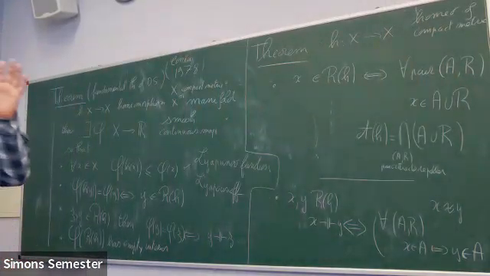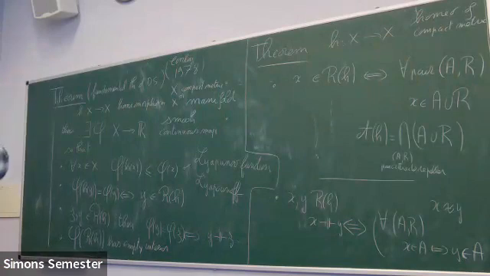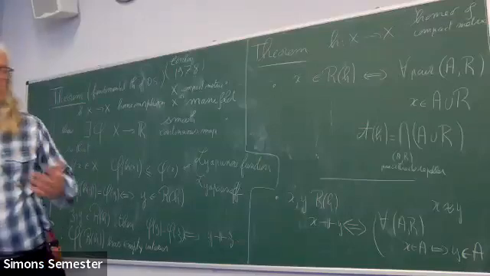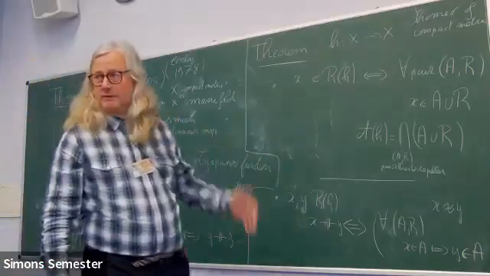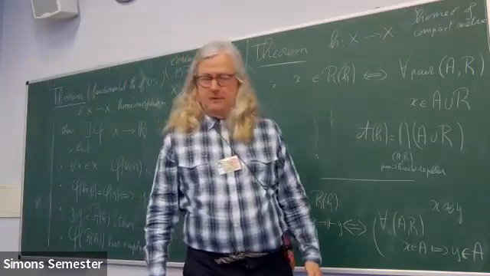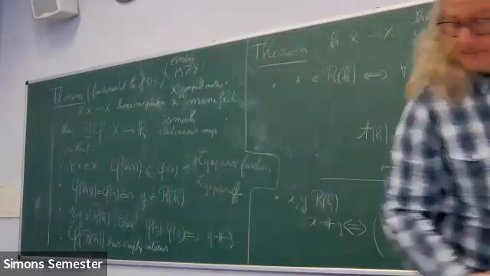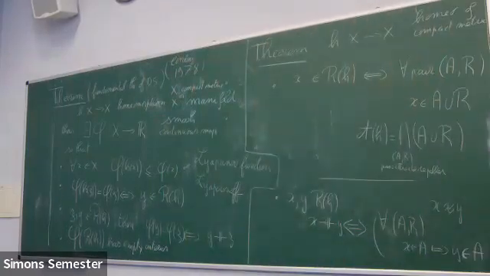You don't have anything else. You can distinguish two points if you can separate them by an attracting region. And what you see is a chain recurrence set and the chain recurrent classes. Okay? So let's do the proof.